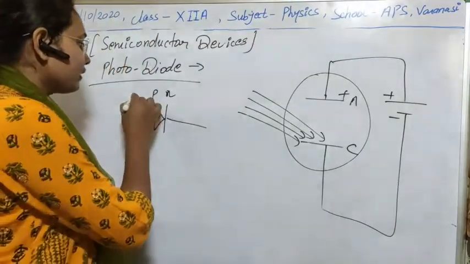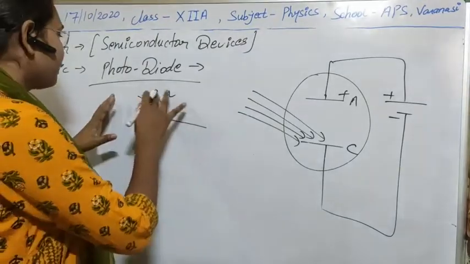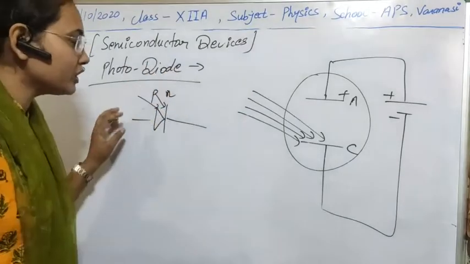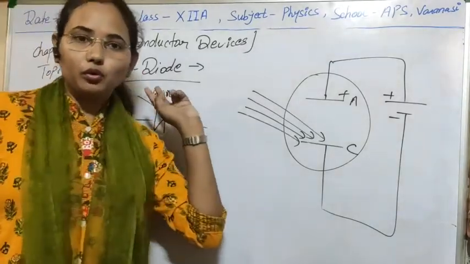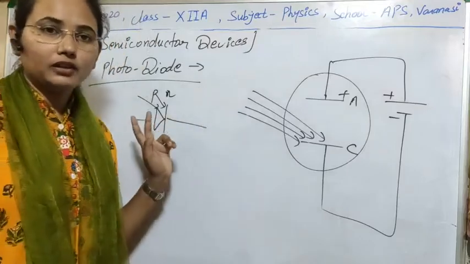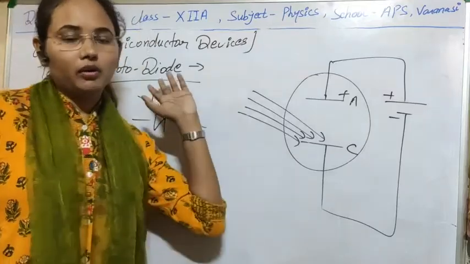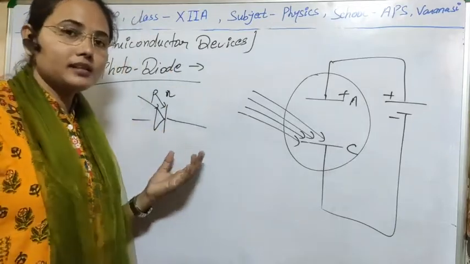So we can also get current with the help of light energy. This type of diode is known as the photodiode, in which we use photons to overcome the junction barrier, and we get current due to photons, that is, due to light energy. So I think this is clear to you.